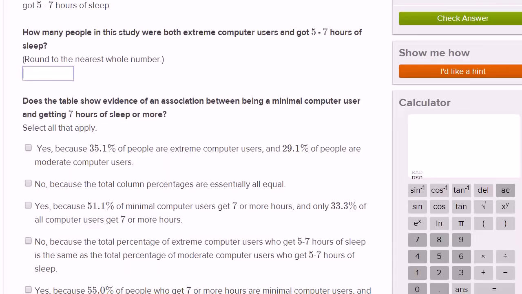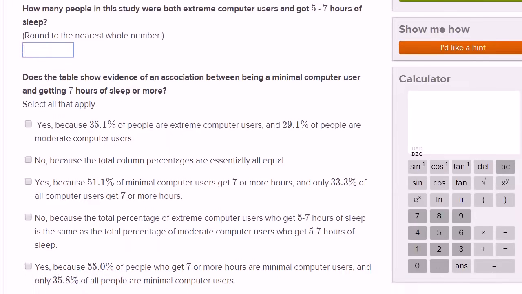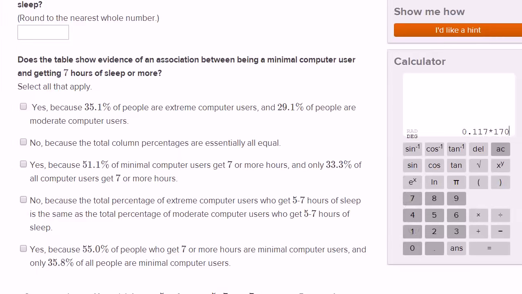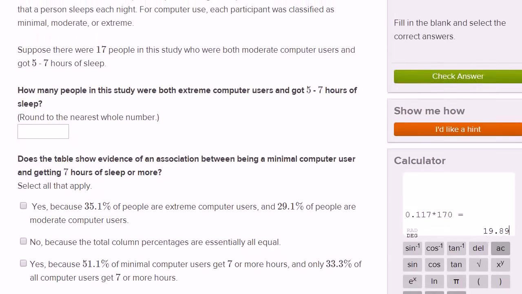So let's go back over here. We actually have a little calculator tool here. So it's 0.117 times 170, and let me make sure that you can see what I'm doing by scrolling over a little bit, times 170 is equal to 19.89. So if we're rounding to the nearest whole, that's going to be 20 people.